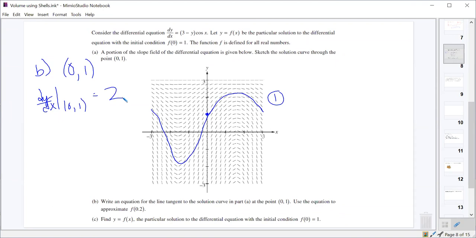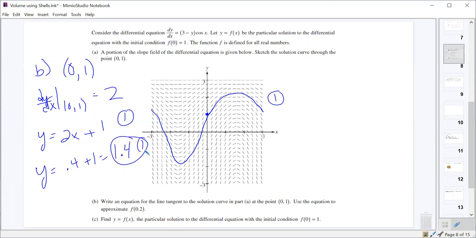Okay. So then we will write our equation. y equals 2x plus 1. Right? Just y equals mx plus b. Since that's a y-intercept, might as well. Okay. And that's worth a point. No, just 2 points for part B. So y equals 2x plus 1.